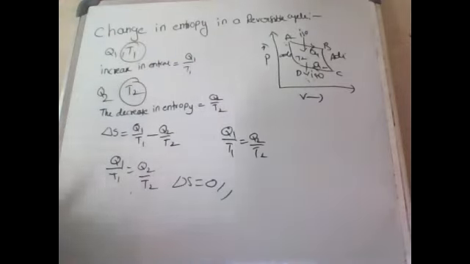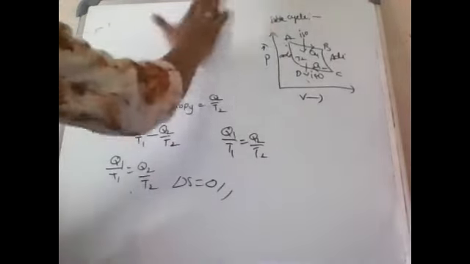So in a reversible process, the change in entropy is equal to 0. Next, change in entropy in a reversible process is completed.